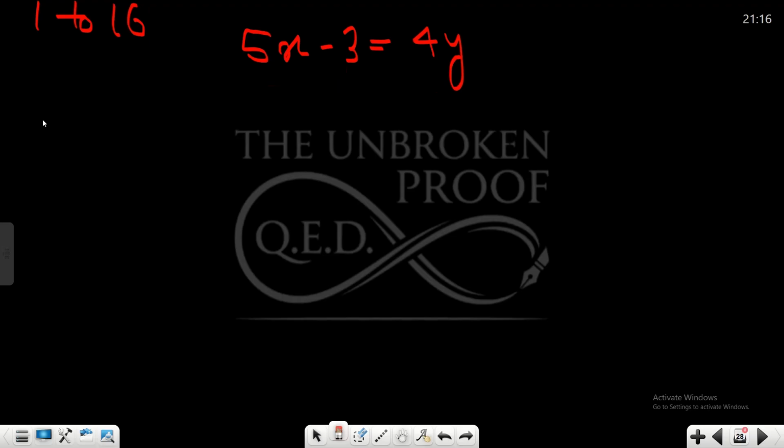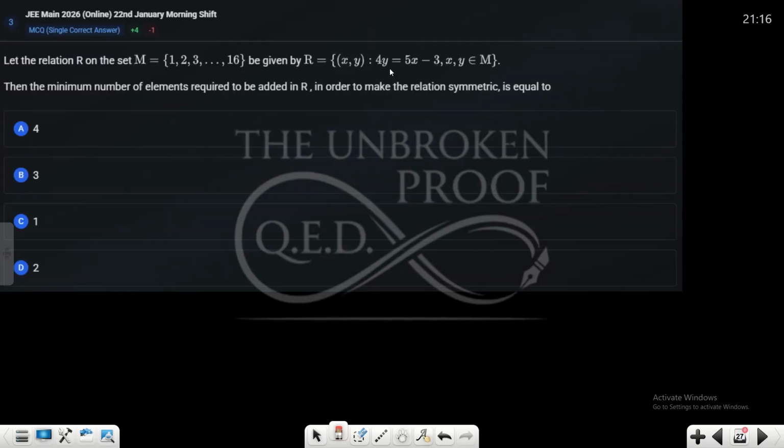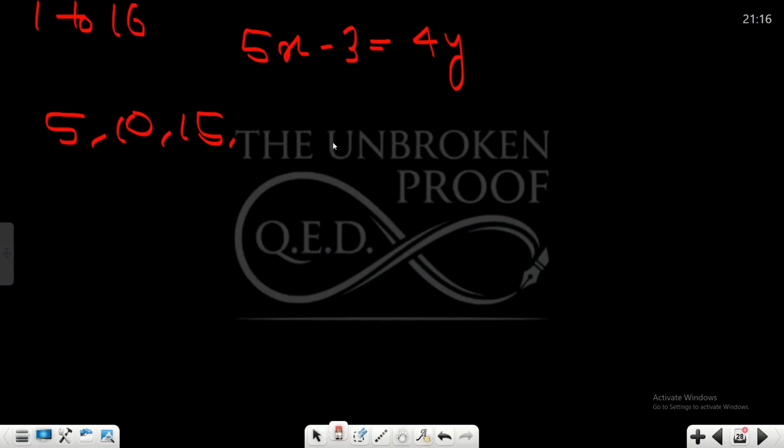If you consider multiples of 5, you will get 5, 10, 15. The maximum multiple here is 80, right? We are at 16 into 5, right? 5, 10, 15, 20, 25, 30, etc. Now if you see, 15 is one such element because 15 minus 3 is 12, and that is of the form 5x minus 3 is equal to 4y.